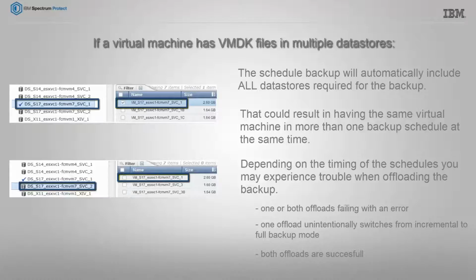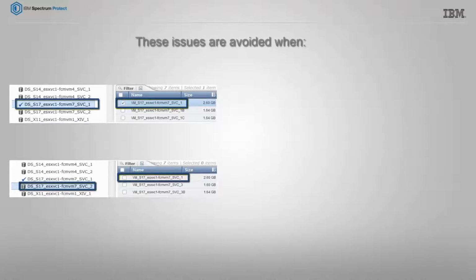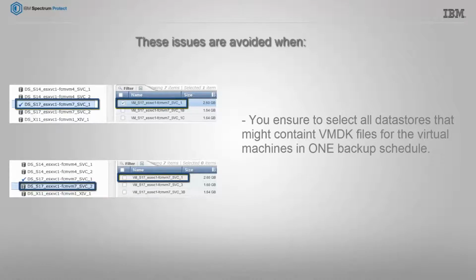Again, this depends on timing, so you cannot say for sure which of these scenarios will happen for your parallel offload jobs. Fortunately, these issues can be avoided very easily if the set of data stores included in the backup schedule entirely contains all VMDKs of all virtual machines to be backed up. In this case, it's ensured that a single VM is only offloaded by one offload schedule at a time.